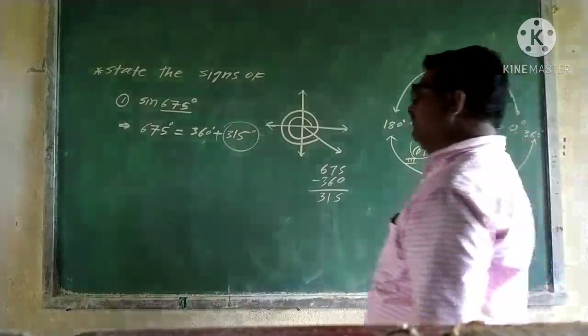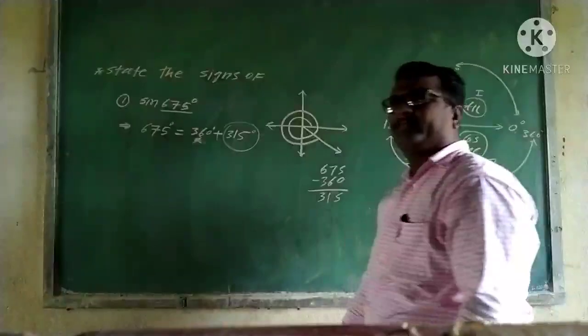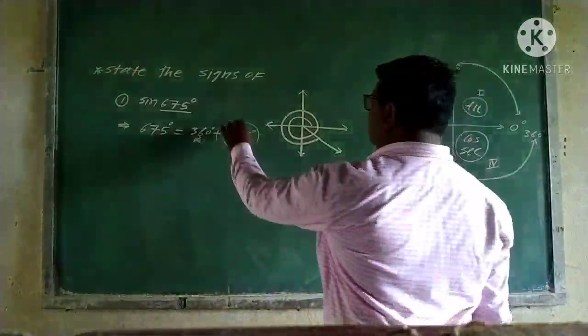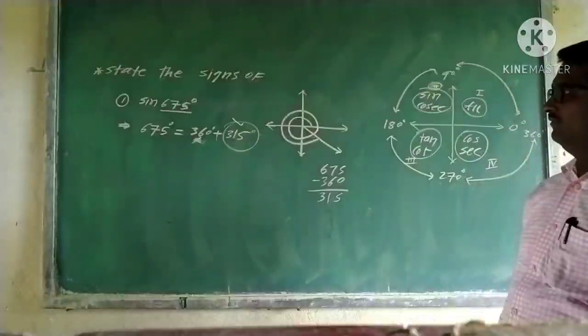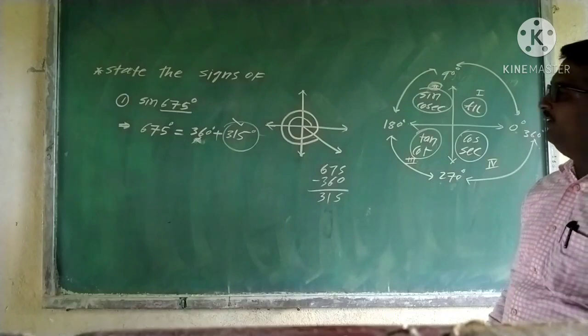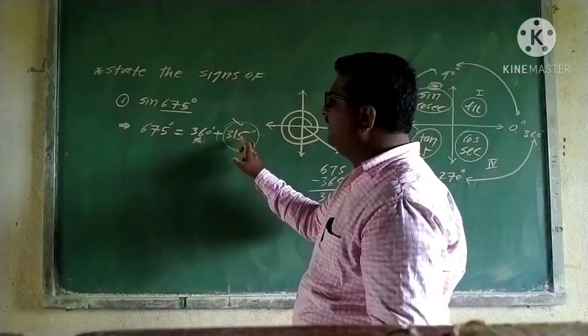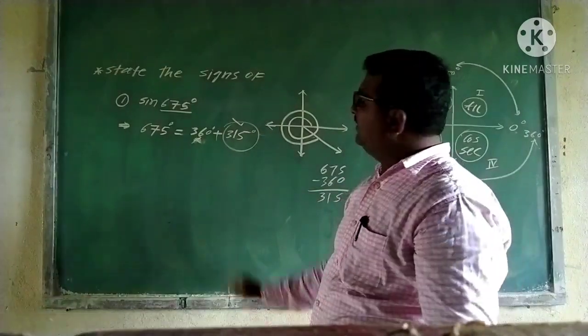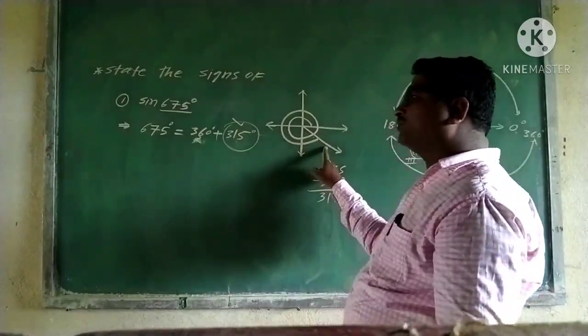So we eliminate the full revolution and consider only the remaining angle, which means the terminal ray lies in the fourth quadrant.